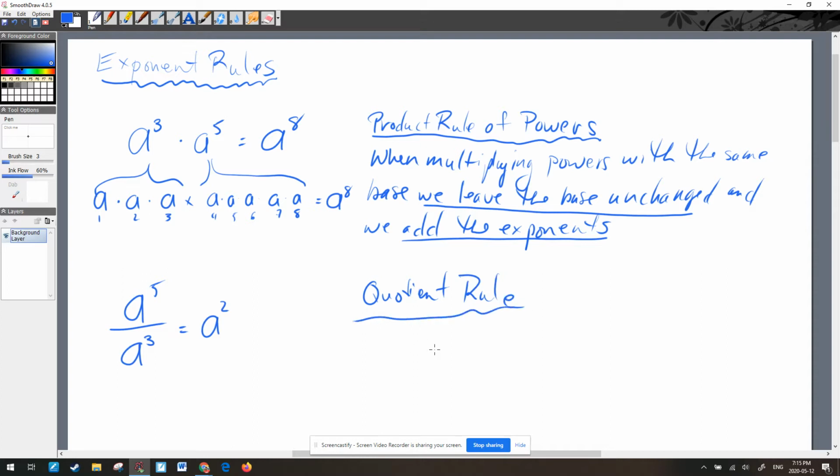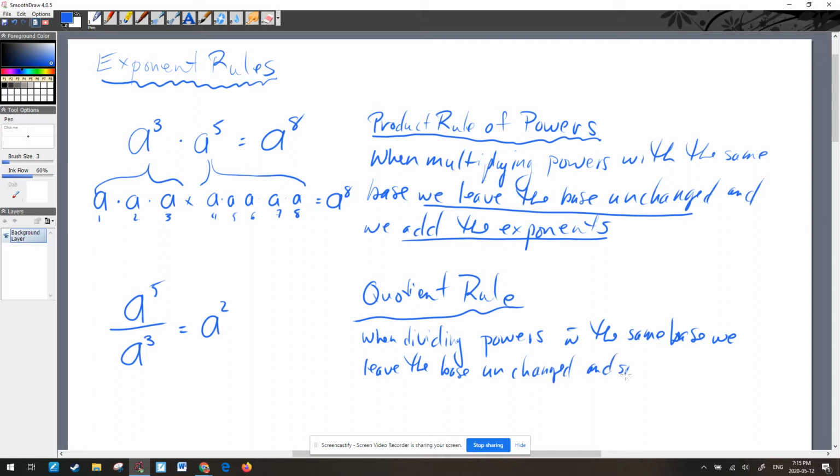And what we're going to get here is when dividing powers with the same base, we leave the base unchanged and subtract the exponents.